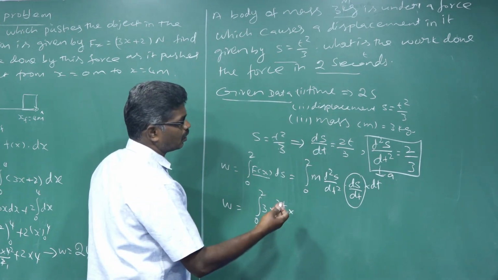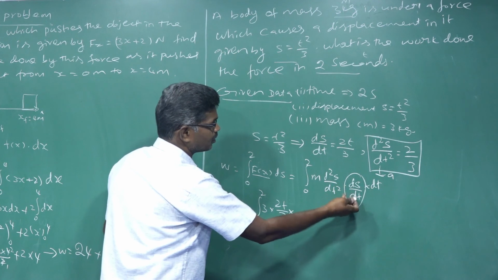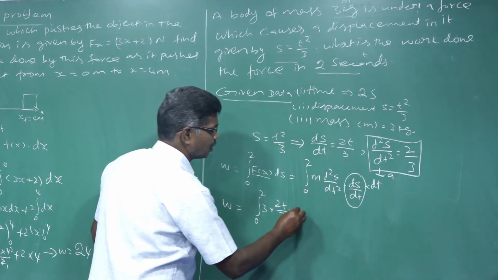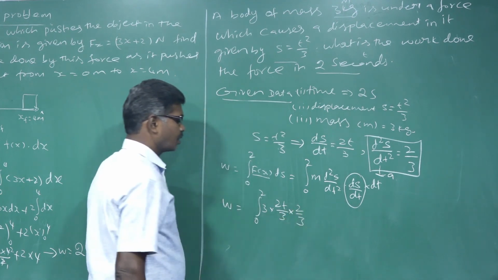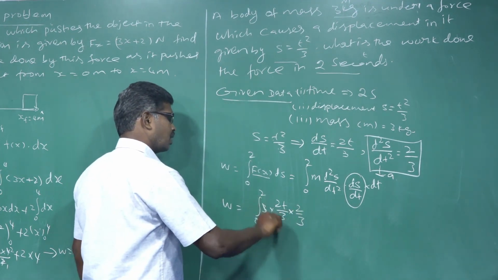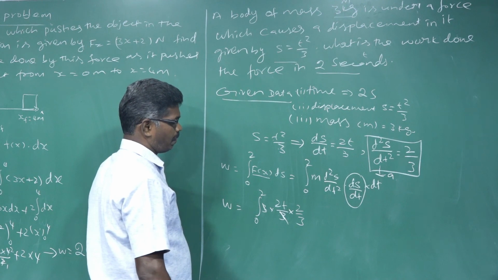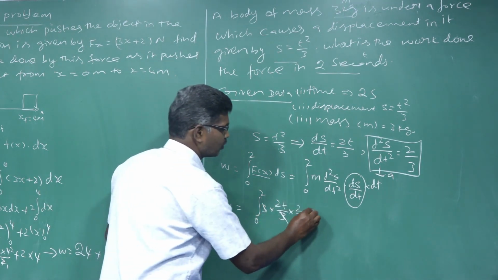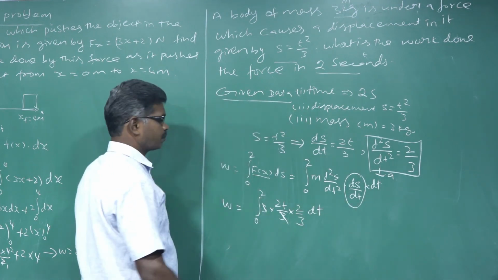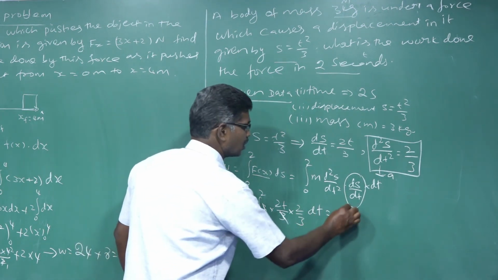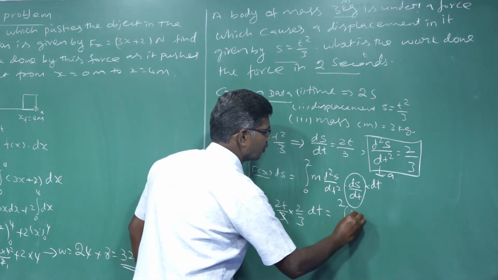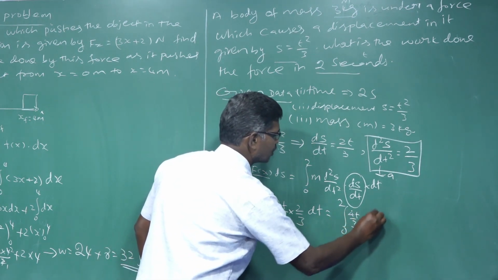Then d squared s by dt squared is 2 by 3. So 3 and 3 cancel. Another 2t into 2 we have, as well as the dt also multiplies. So finally we are going to take the integral 0 to 2 of 4t by 3 into dt.